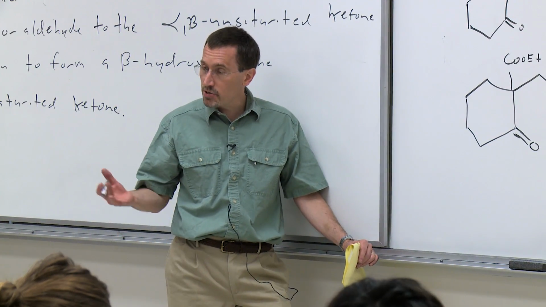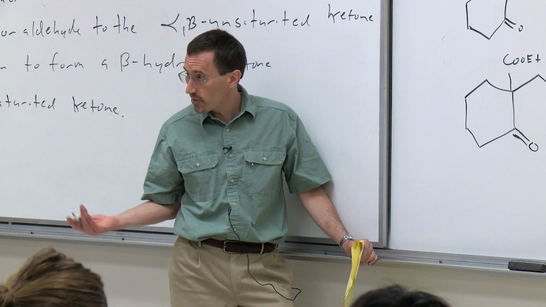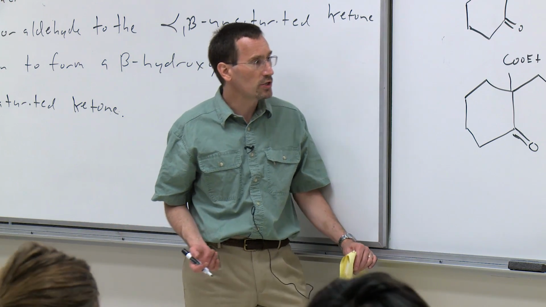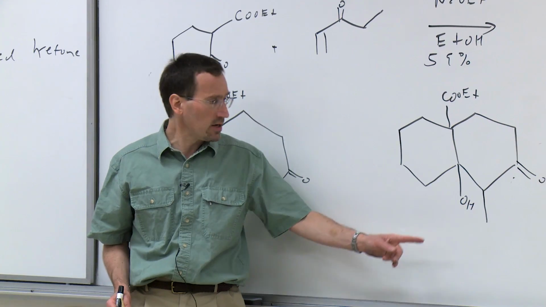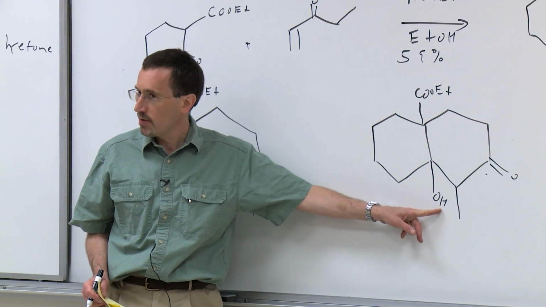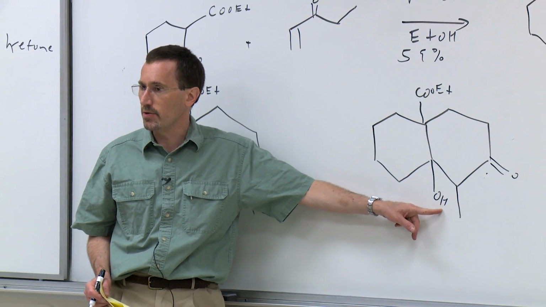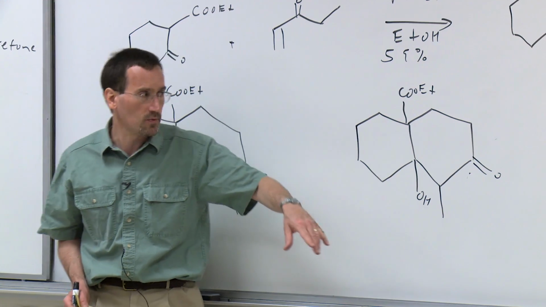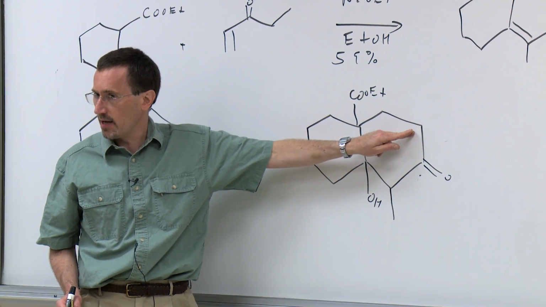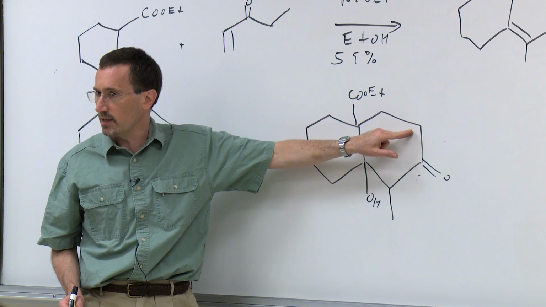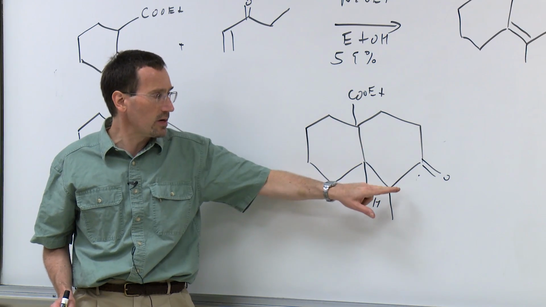And again, under these equilibrating conditions, all different acidic protons come on and off. The OH gets deprotonated, you get OH minus, it gets reprotonated. The position alpha to this carbonyl gets deprotonated and reprotonated.